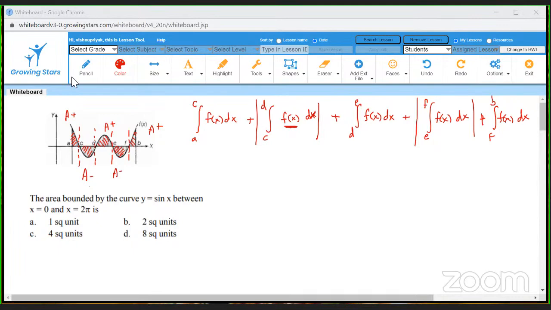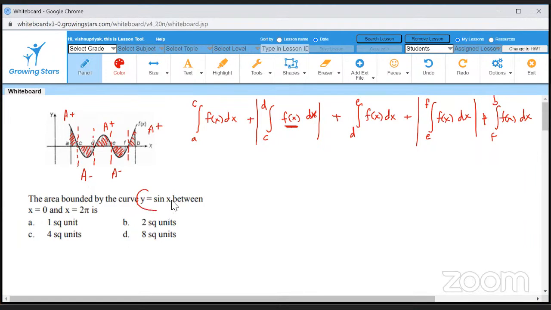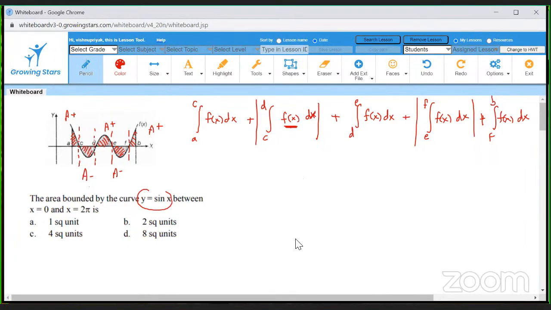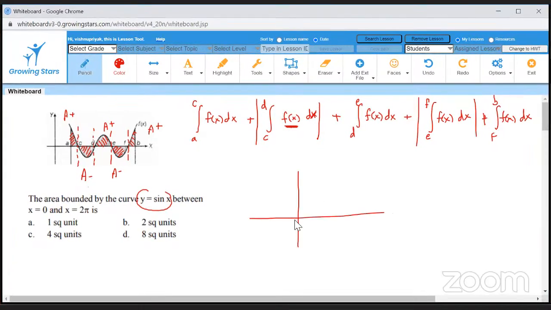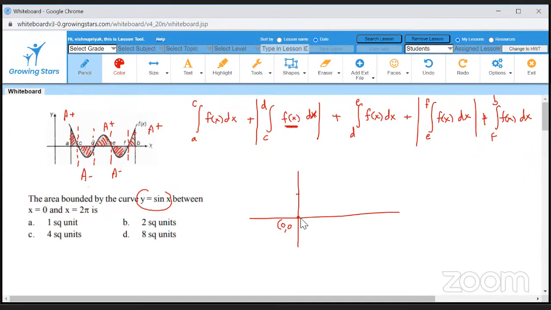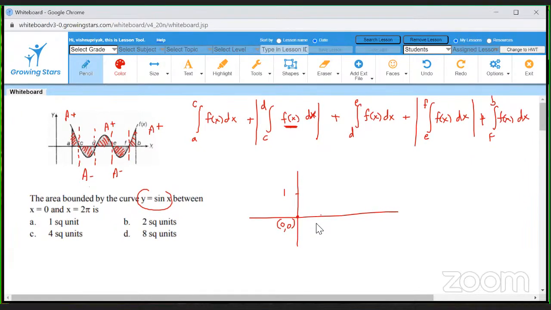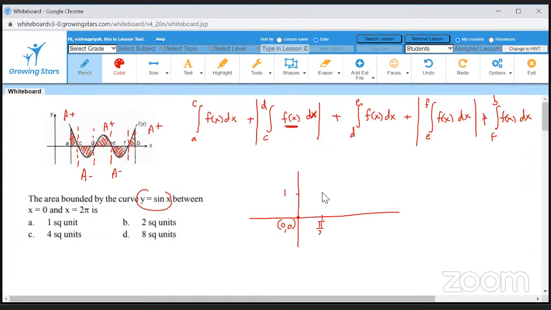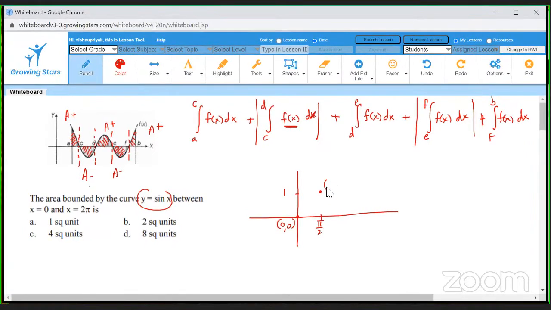So let me tell you, first we will draw y equal to sin x graph. How the graph of y equal to sin x will be there? When x is 0, y is 0. When x is pi by 2, y is 1.